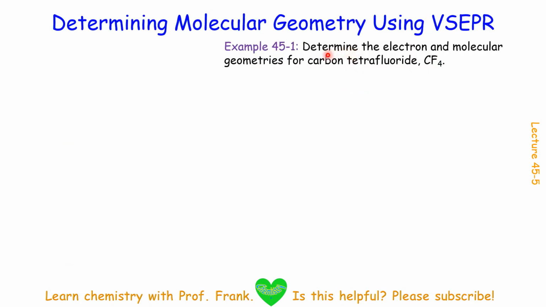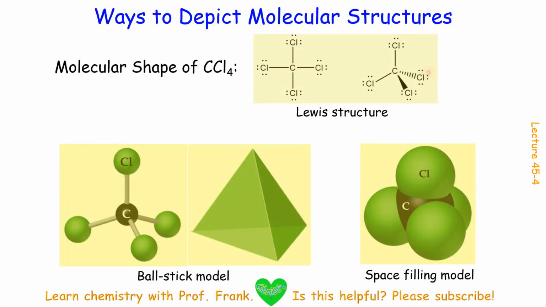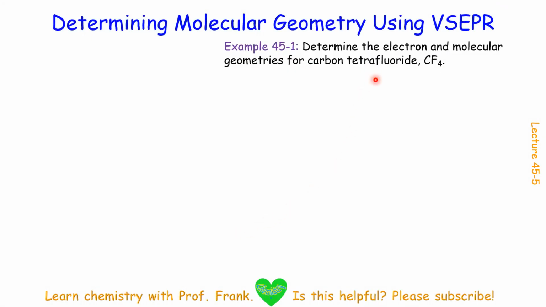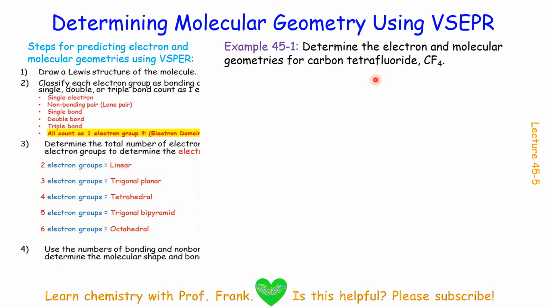Let's work on the first example in lecture 45. Determine the electron and molecular geometries for carbon tetrachloride. Although we already learned that carbon tetrachloride is tetrahedral, I want to show you how to determine that through the steps we went over a short while ago.